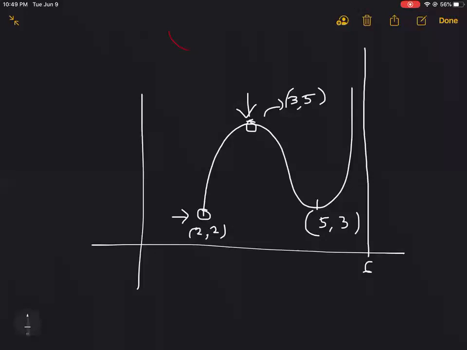Anyway, now the question could be, where is your absolute max or absolute min? Where is that? Or do you have any local max or local min? We want to answer all the questions from the same graph.